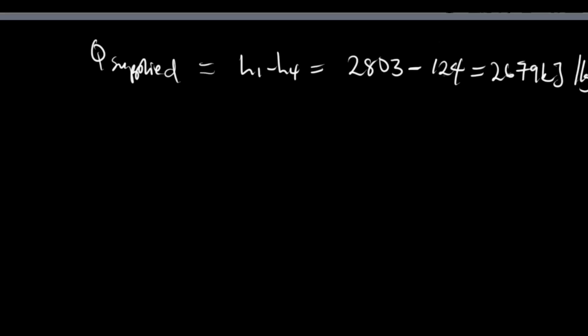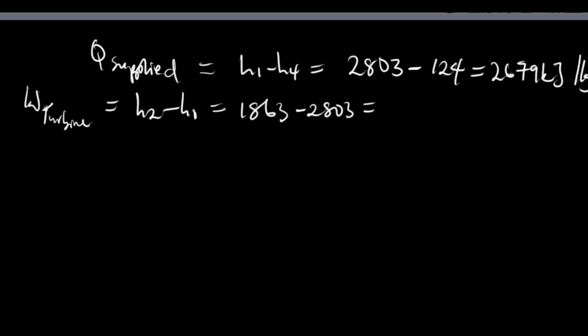That's the heat supply. So the next is the turbine work, which is H1 minus H2. The H2 we got was 1863.3 and H1 is this, and that gives us 940 kilojoules per kilogram.